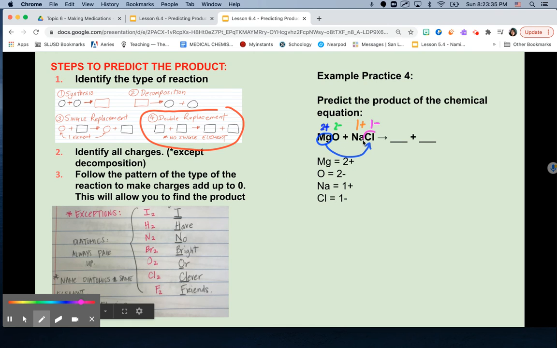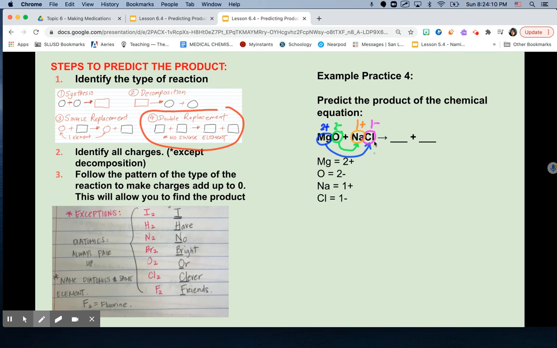So this will be our new relationship. Mg is going to get with Cl, and O will get whoever is left over, the other opposite charge. So O is a negative charge with 2 minus, so O is going to get with Na because it is the positive charge. All right, so now we know who's going to get with who after the fact. Now we just have to write them down in our chemical equation.